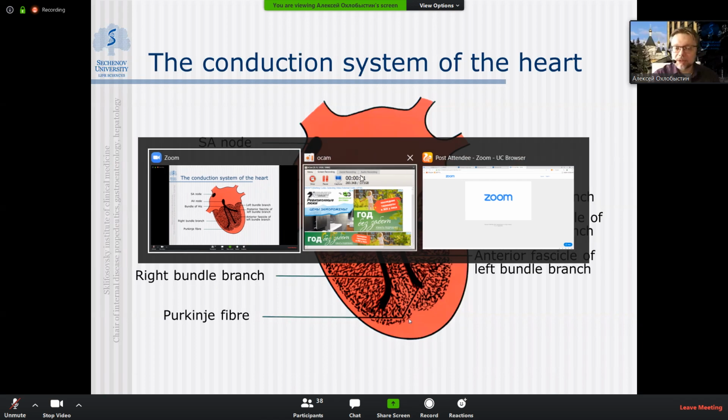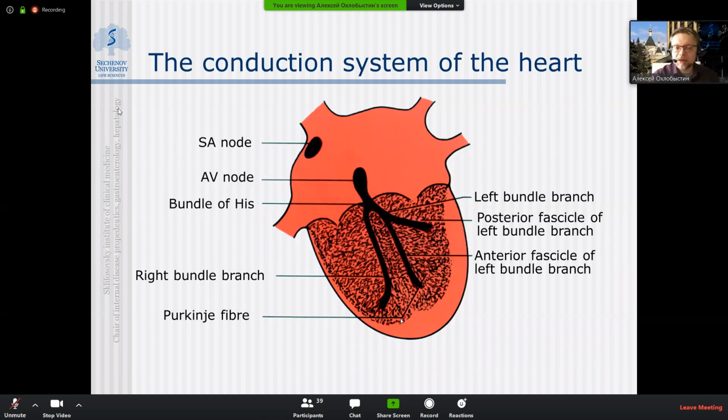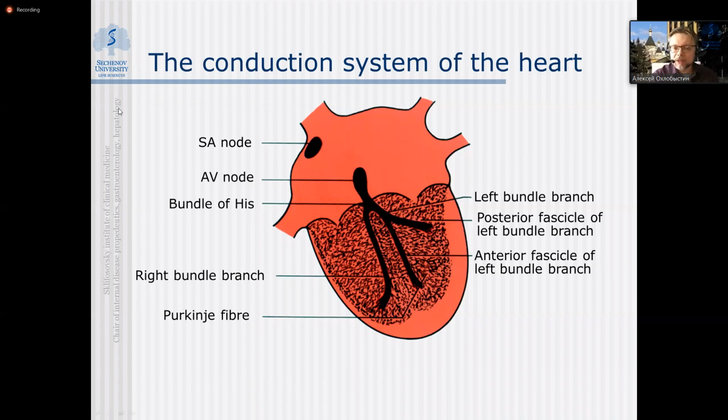That is important, and on one hand it represents how we can record ECG. On the other hand, it will be associated with some types of disorders, issues that may develop in patients' myocardium if there are disorders of activation or conduction. Good.